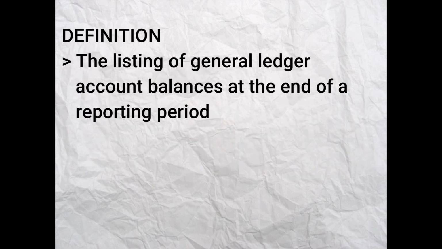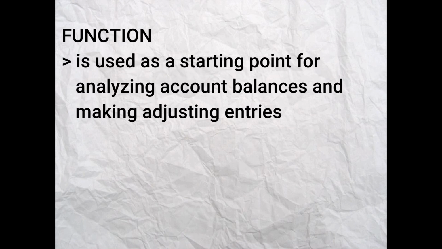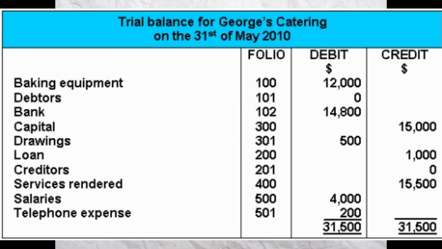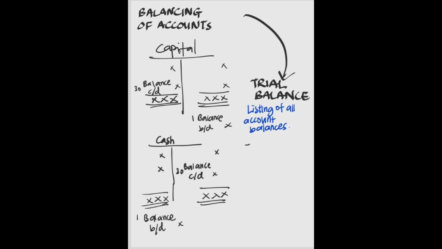Trial balance unadjusted is the listing of general ledger's account balance at the end of a reporting period. The function is used as a starting point for analyzing account balances and making adjusting entries. Here goes the example of the trial balance. Trial balance is a listing of all balanced accounts.